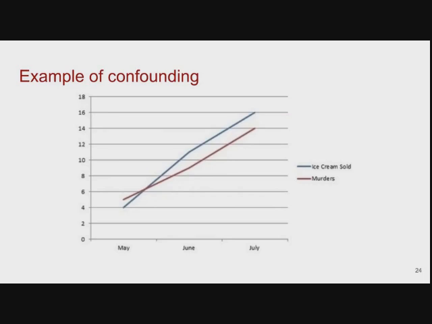The temperature, which could be a confounding variable here, is related to ice cream sold as well as to murders. If you take that out of the picture, like what we're doing right now, you're only seeing the relationship between ice cream sold and murders. But those two might not necessarily be related to each other. Both of them are related to the temperature, but not necessarily to each other. So this is what we mean by confounding.